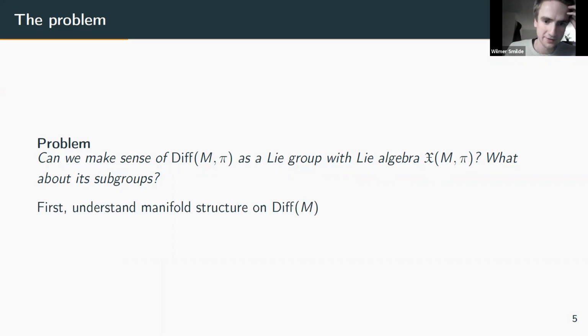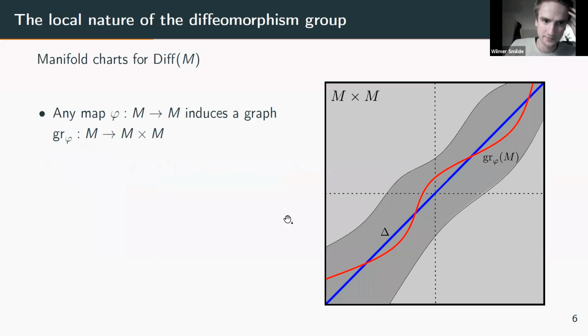Before we dive into this problem, we first look at how a manifold structure or a Lie group structure is obtained on the full diffeomorphism group. So how does this go? The crucial insight for that is the following. If you have any map from M to M, it introduces a graph in the product, which you can view as a submanifold. In the picture it goes something like this, like the red line.